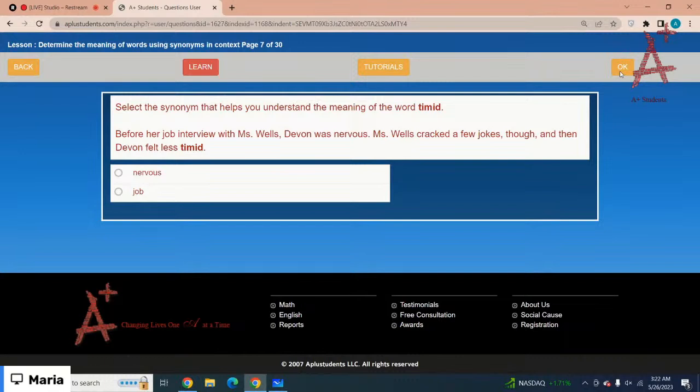So, the word timid means... it would be nervous. Very good. The word timid means nervous.